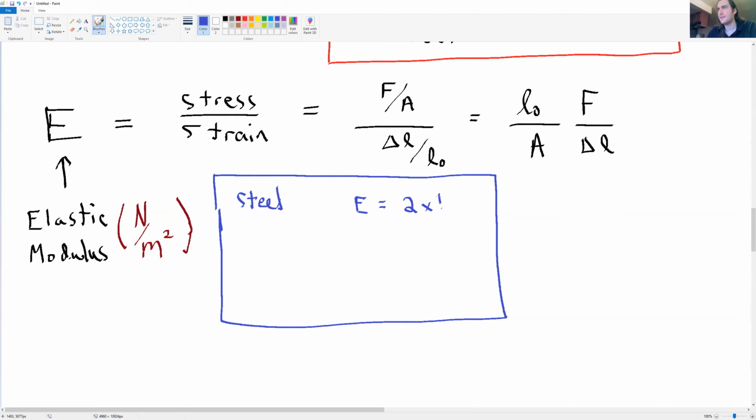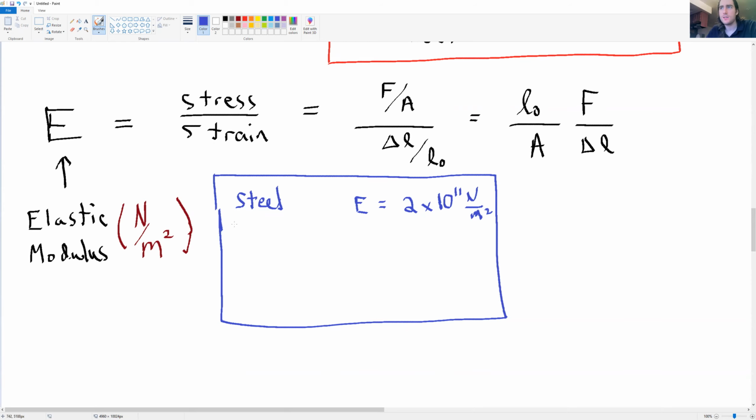Why don't we just write that as 2 times 10 to the 11 Newton per meter squared. So very, very large. What does that mean? It means you really need a big force to get some stretching out of steel. You really need big forces, which makes sense, right? That's kind of what we use steel for.